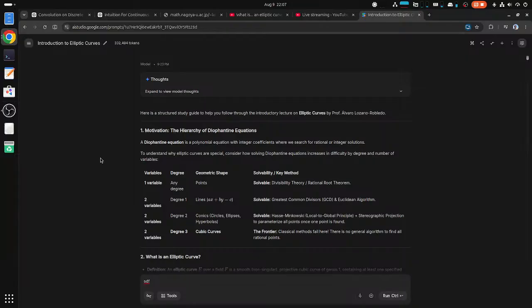With one variable, the geometric shape is points, solvable by divisibility theory and the rational root theorem. With two variables and degree 1, straight lines ax plus by equals c, solvable by the greatest common divisor and the Euclidean algorithm.